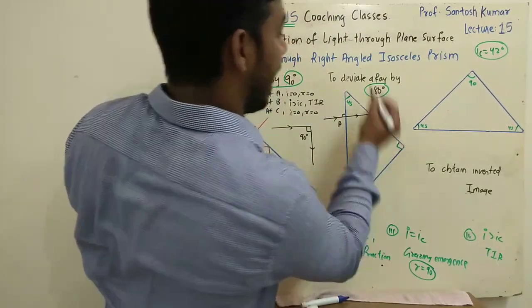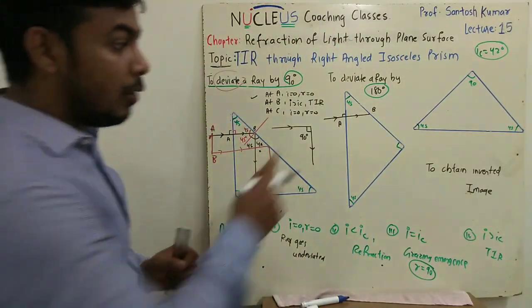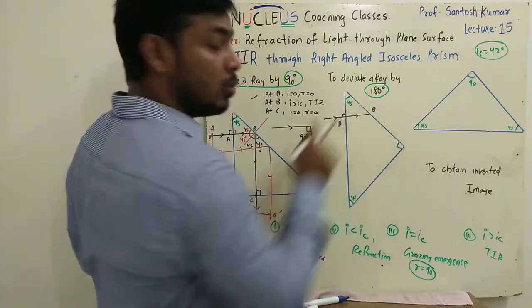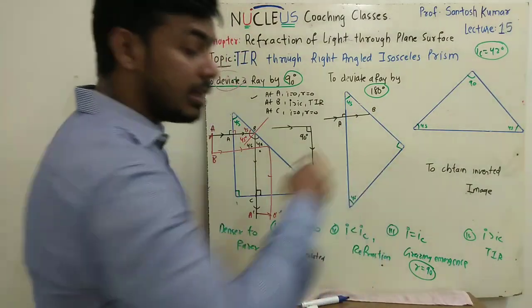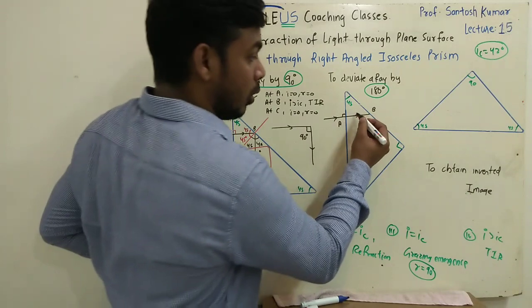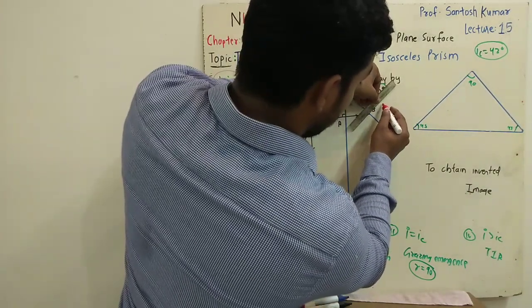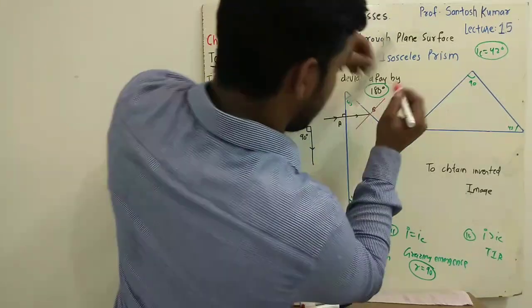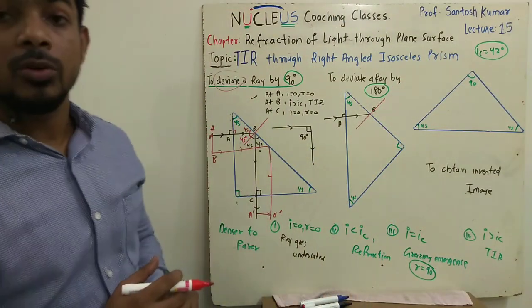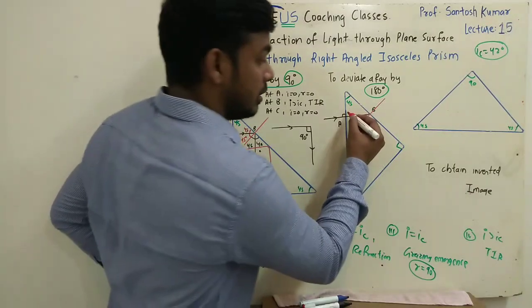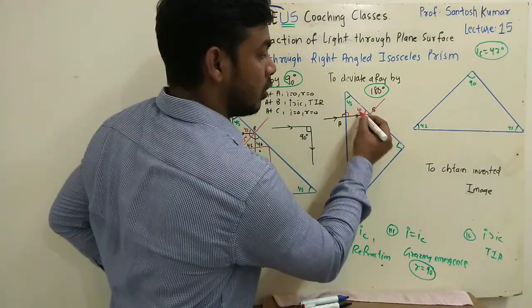Again it meets at B. Now it is trying to go from denser to rarer. So again we have to see the conditions by the geometry. Let me draw the normal first. Remember, the normal should look like normal because it's going to give you the value of the angle of incidence. So this is 90, this is 45, this is 45.